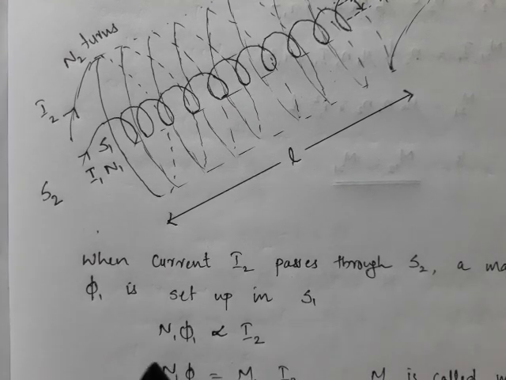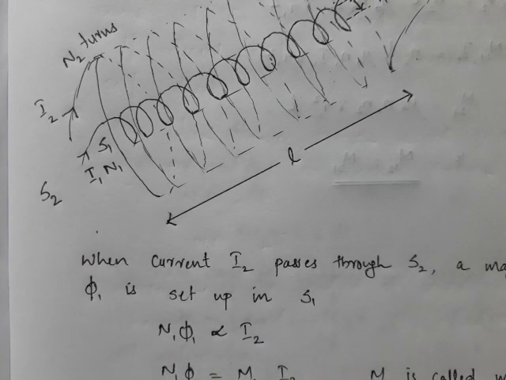So N1∅1 is proportional to I2. Replacing this proportionality with a constant, we get M12 I2. This constant of proportionality is called mutual inductance or coefficient of mutual induction. Its unit is the Henry.